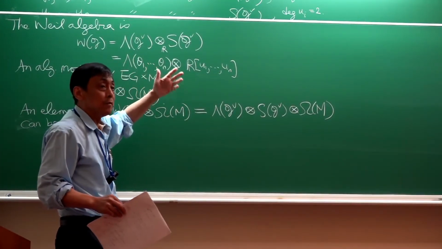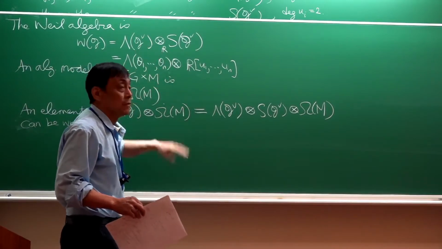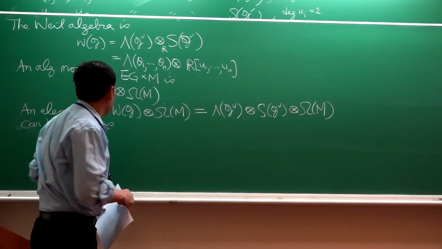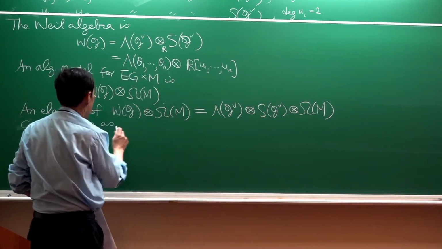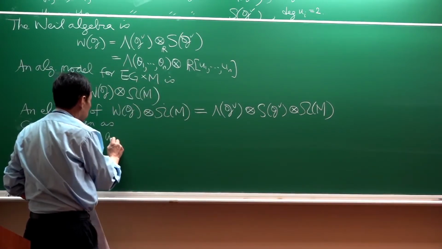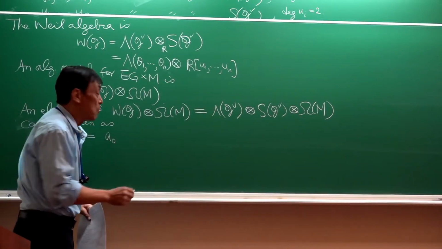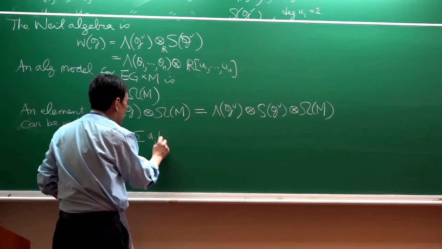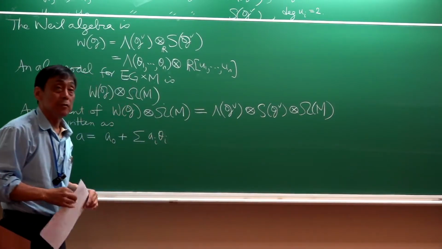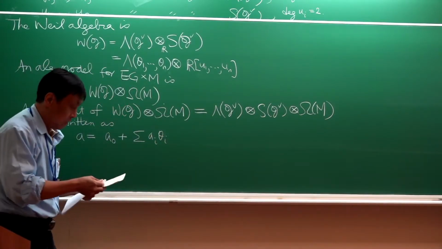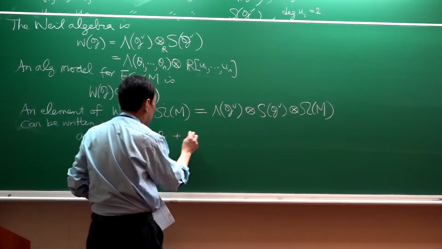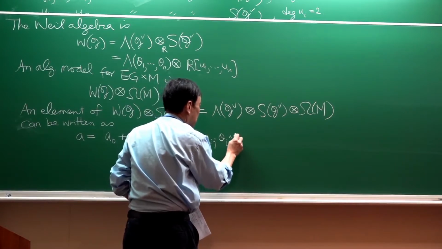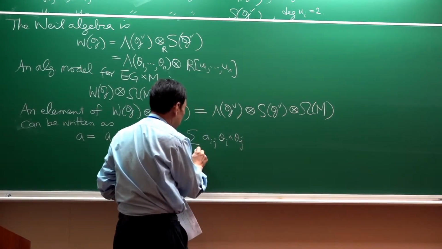Theta 1 squared is 0, theta 2 squared is 0. So these can only occur to the first degree. And so either they don't occur or they occur just once, or they occur twice.